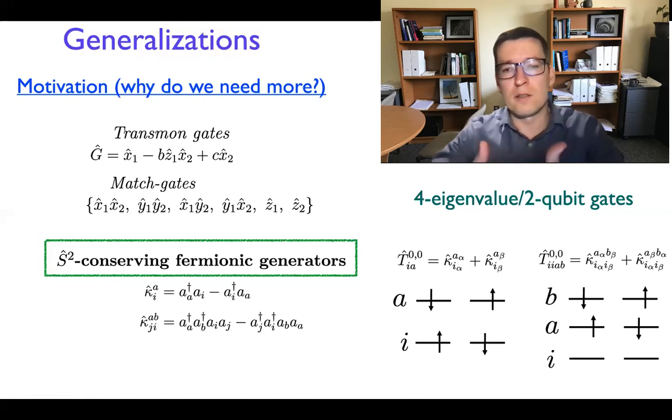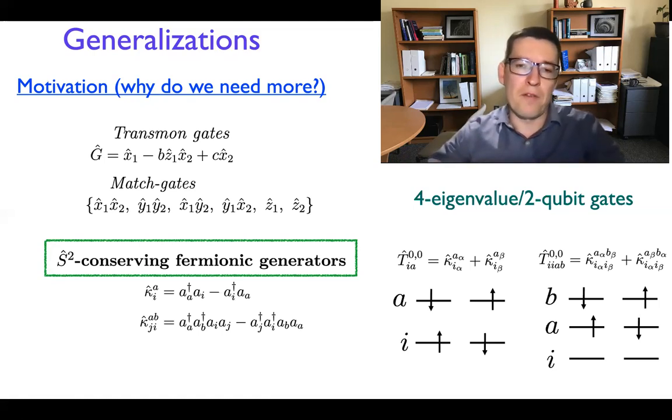Also, in problems related to electronic structure theory, the unitary coupled cluster method, for example, provides rotations, single, double, and so on, which do not generally conserve electron spin. Ideally, one would like to use more complicated rotations, which are linear combinations of elementary fermionic rotations that conserve S squared, or electron spin.